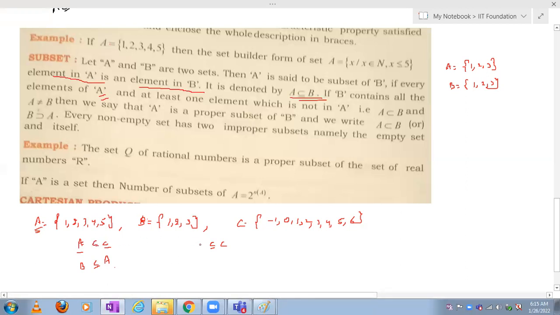Transitive property I want to apply here. Suppose B is subset of A and A is subset of C. Then in transitive property, what it says, B is subset of C. This is called a transitive property.